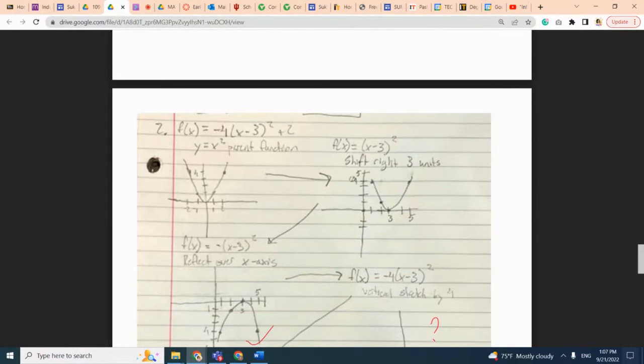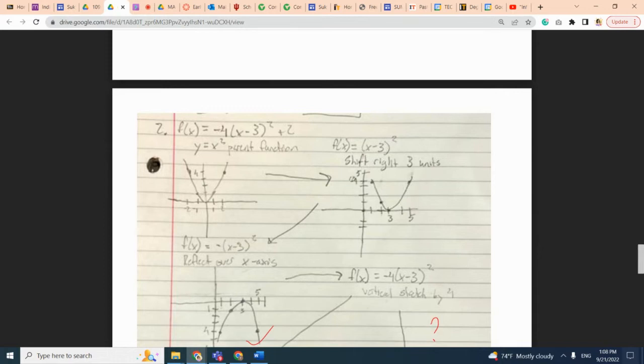X cubed, 0, 0, 1, 1, and minus 1, minus 1. Absolute value, 0, 0, 1, 1, and minus 1, 1. Right? And square root, 0, 0, 1, 1, and 4, 2. Cube root, 0, 0, 1, 1, 8, 2, but also minus 1, minus 1, minus 8, minus 2. Right? Those are the key points.